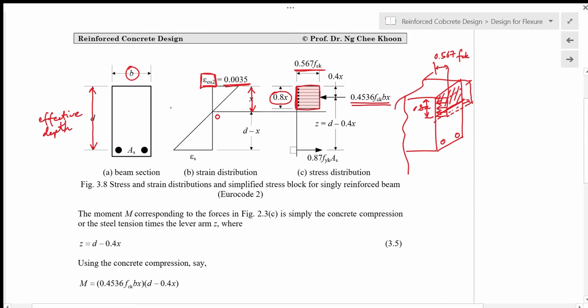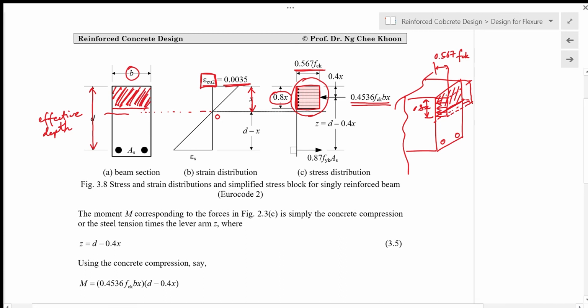In this case, we can view it like this. This is the neutral axis, and the compression zone is here. This is the same beam cross section that we viewed in 3D, meaning that this stress distribution is acting all across this compression zone.